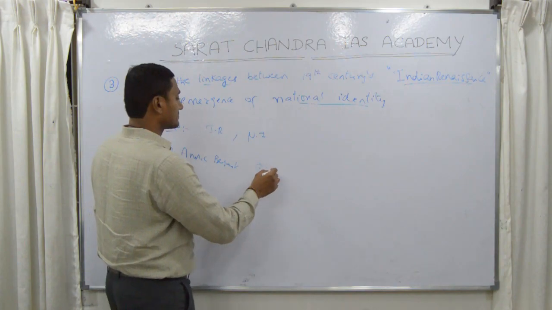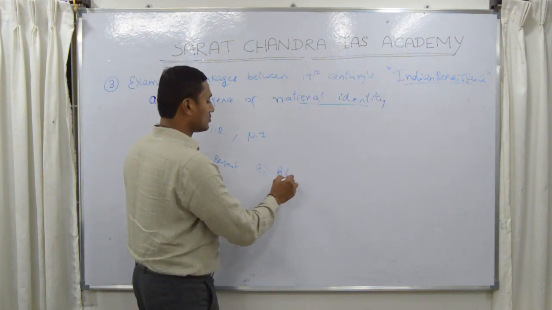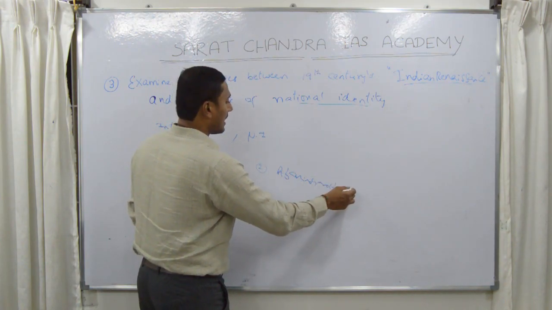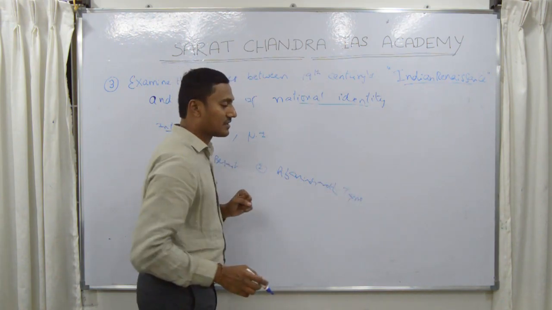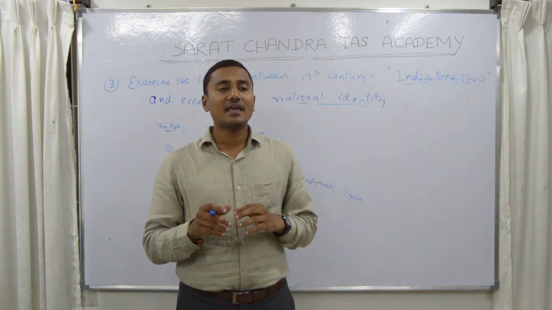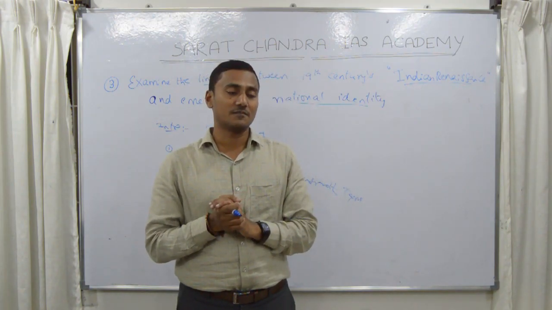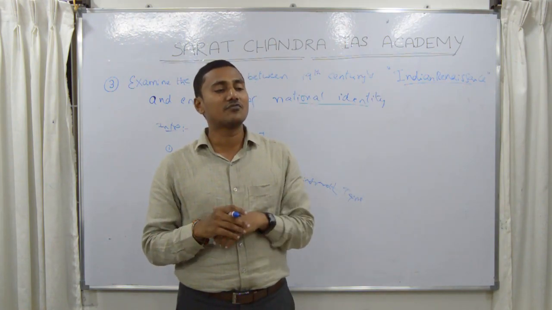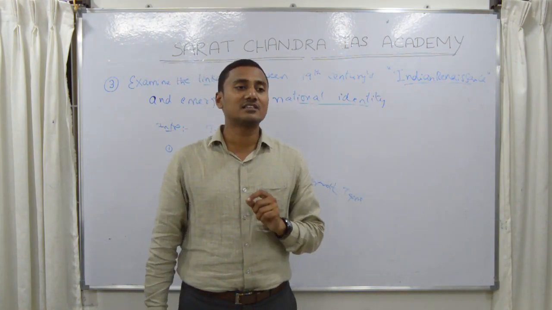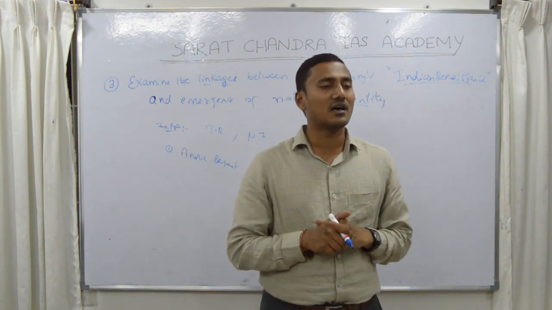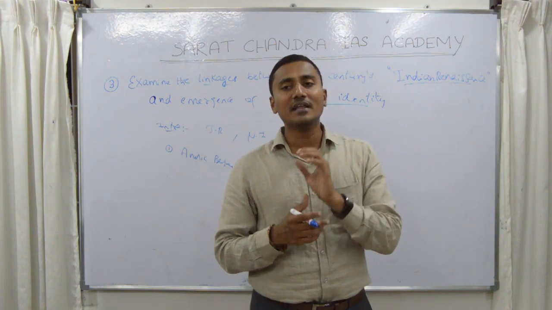Second, for example, you can talk about Abanindranath Tagore. Abanindranath Tagore created an Indian style of painting in the late 19th century, where he was inspired by non-Western artistic traditions. Particularly, he drew inspiration from ancient Indian and medieval Indian art.